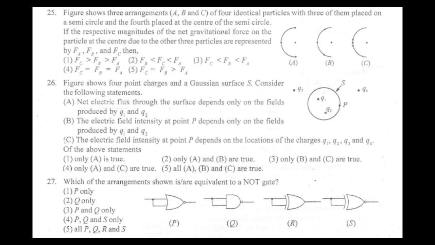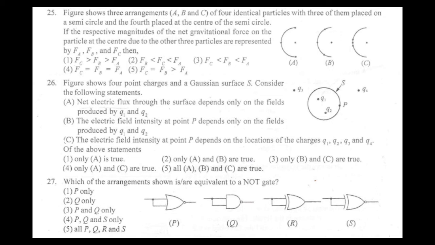Question number 25. Three arrangements A, B and C are shown in the diagram. Three identical particles are kept on a semicircle, and a fourth particle, also identical to the other three, is kept at the center of the semicircle. The question is about the gravitational force on the particle at the center.